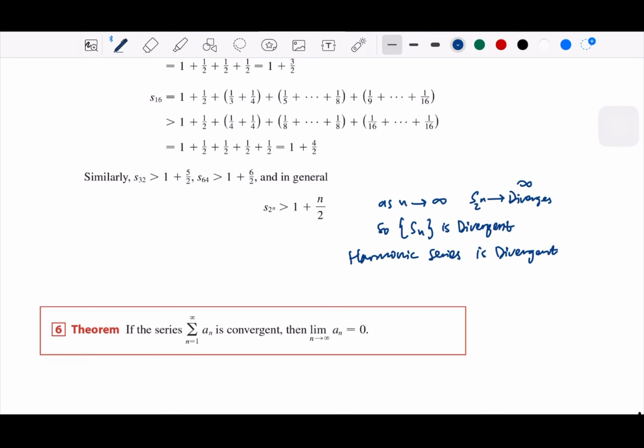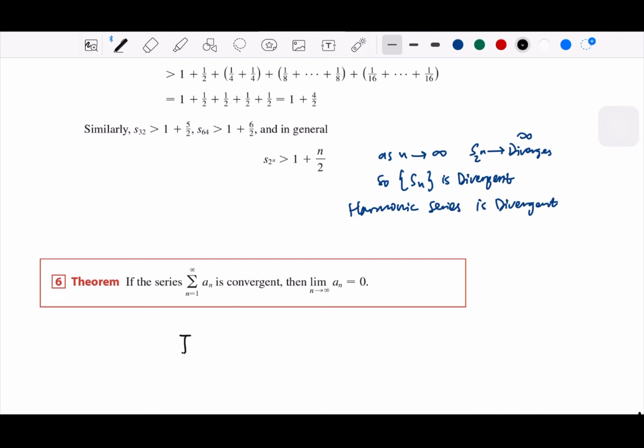So let me write here. So if we start from the limit first, we cannot conclude.